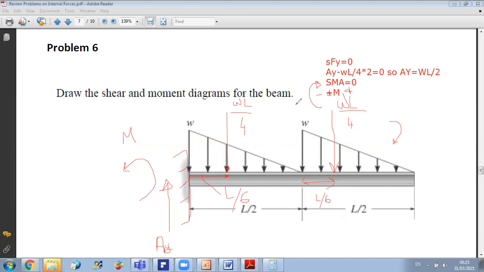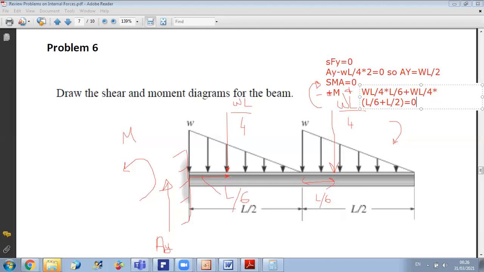If we selected the clockwise as positive, it is minus m plus omega L over 4 times L over 6, and plus omega L over 4 times L over 6 plus L over 2, and this is equal to 0.